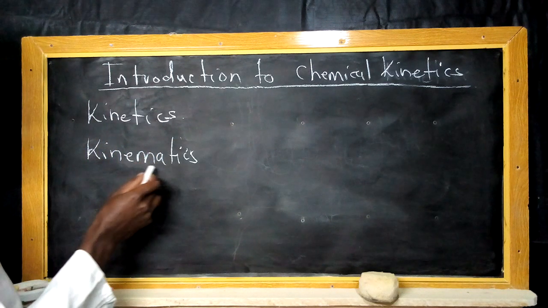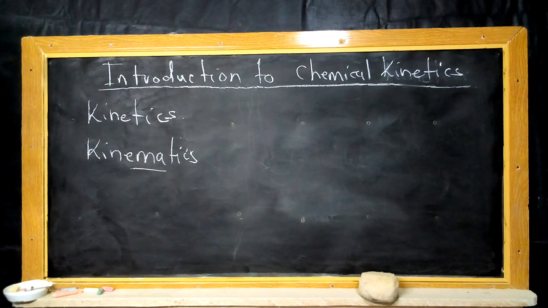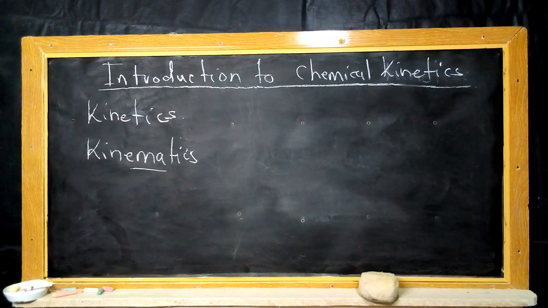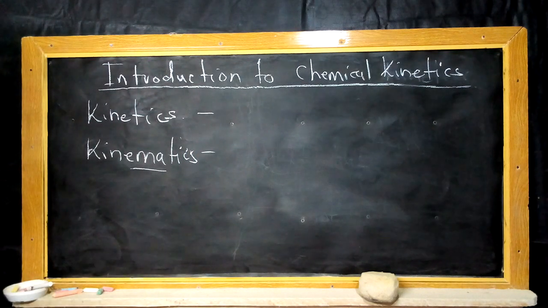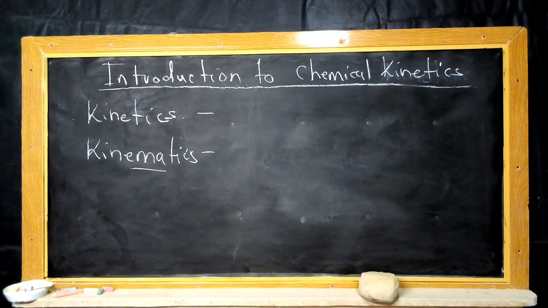So in that case, there's a difference in that in this second term we have the letters ma. I'm just doing this so that as we come across them, we might not have confusion.